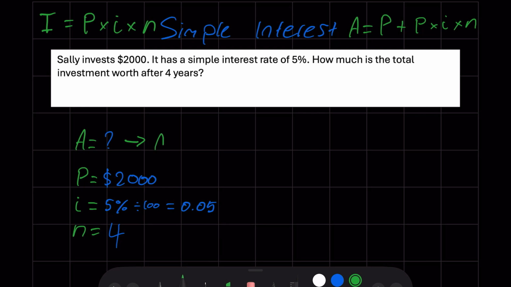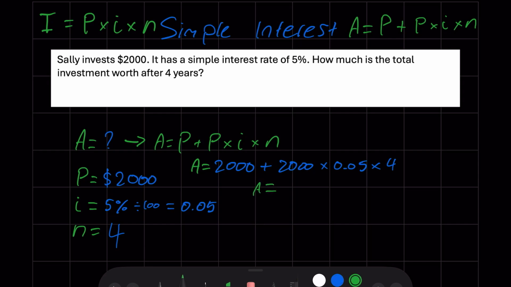Now this A value, which is what we're looking for, you can see the formula in the top right. A equals P plus P times I times N. We have all of these values, so I'm just going to fill it in. So A equals P, which is 2000, plus P again, which is 2000, times I, which is 0.05, times N, which is 4.